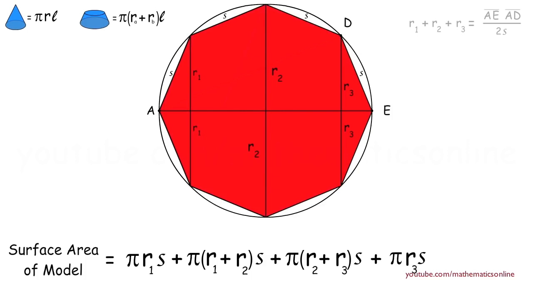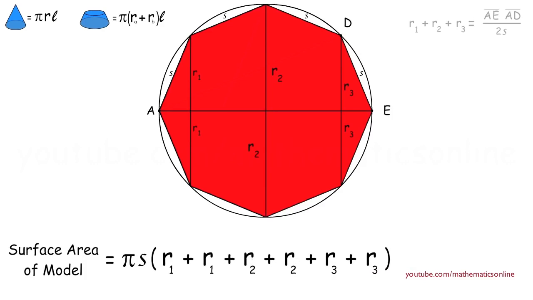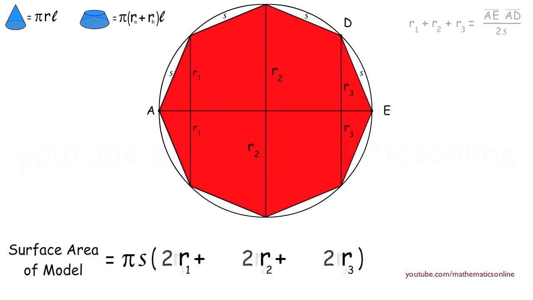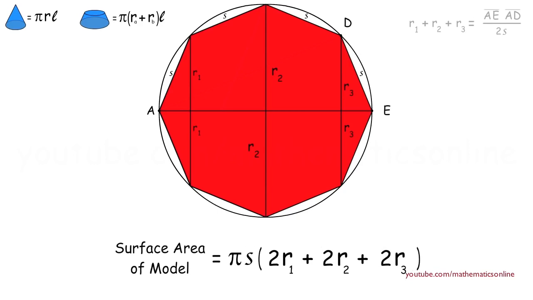Next, we will use algebra and factor out pi, and we will also factor out s. We can then simplify further by combining like terms, and we will factor out the 2's. Therefore, the surface area of the model is equal to 2 pi s times R1 plus R2 plus R3.